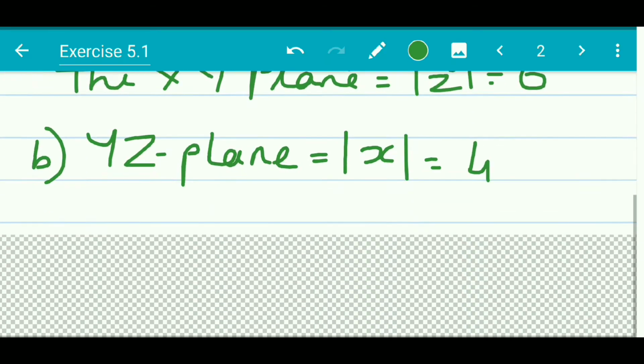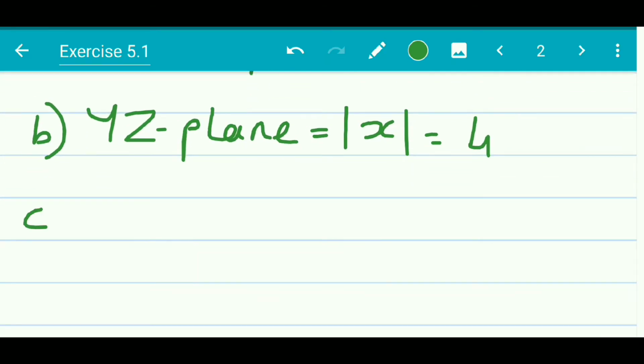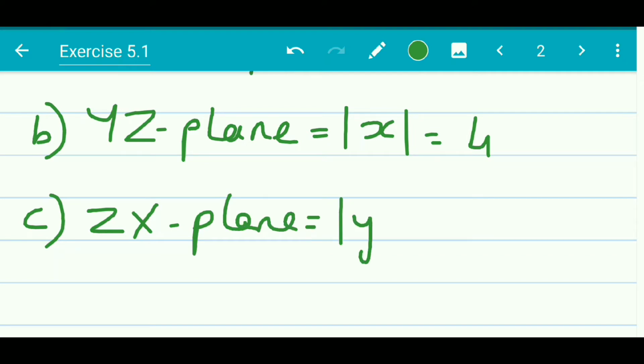And the third one, distance of P from the zx plane. By now you know what is the distance, isn't it? The distance is nothing but mod y. Over here the y coordinate is given as minus 2. So the answer here is minus 2, sorry, not minus 2, because it's under the mod sign and it's a distance.